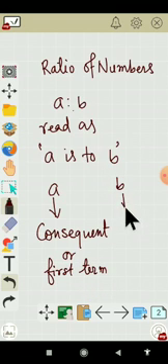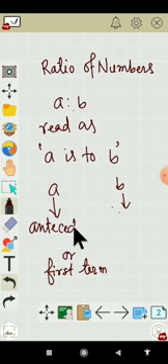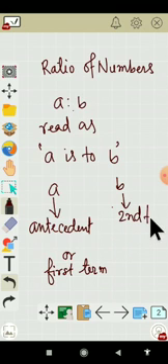B is called, sorry, this is called consequent, the second term.